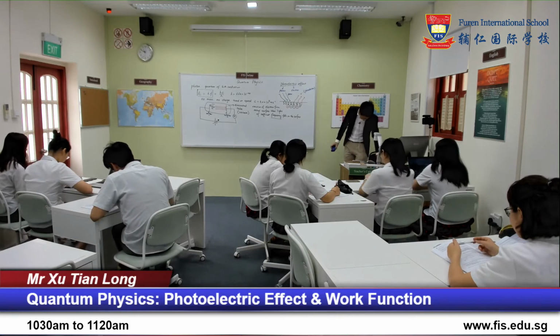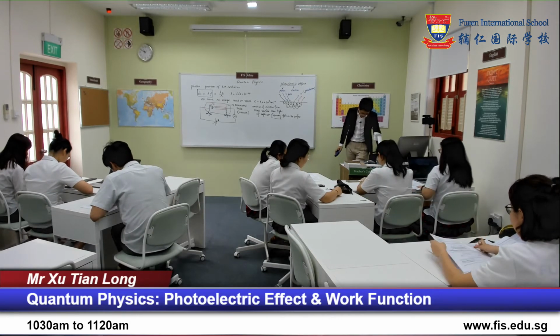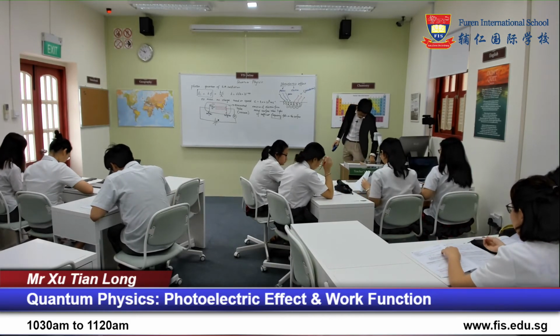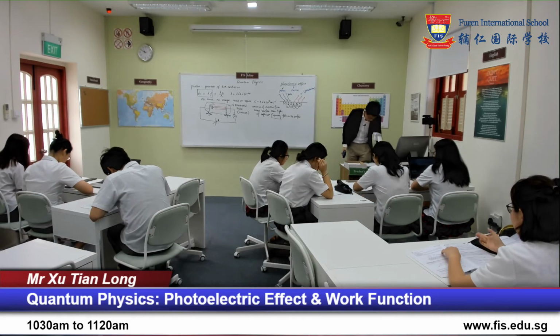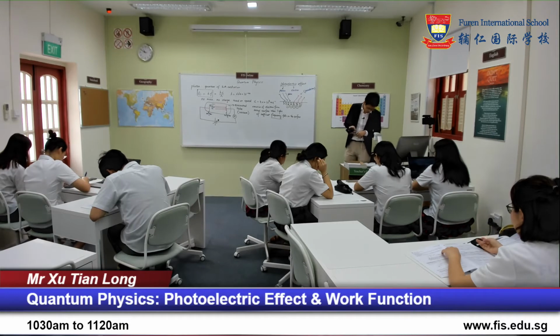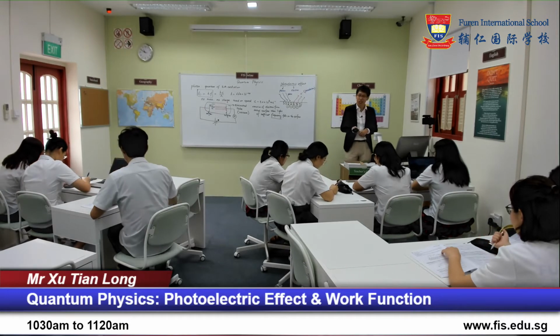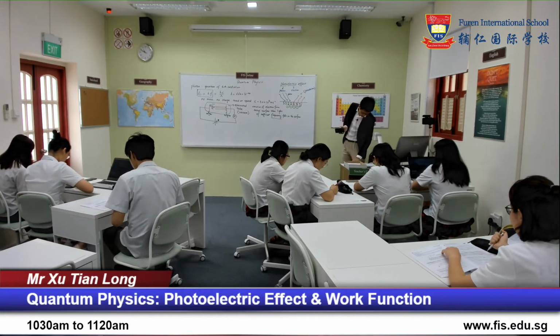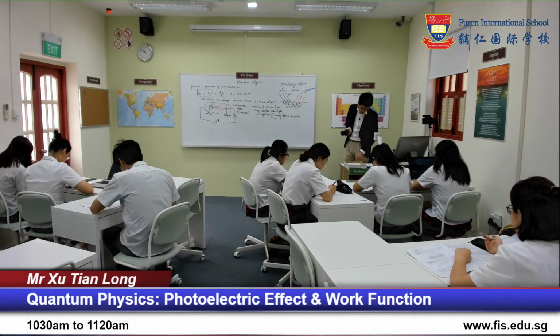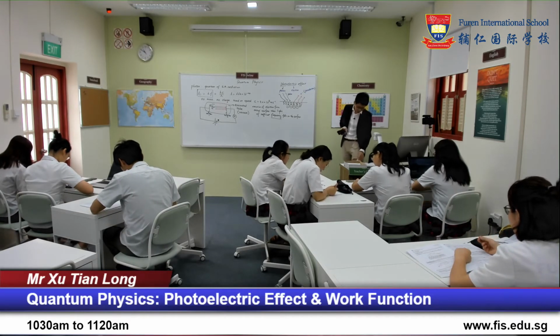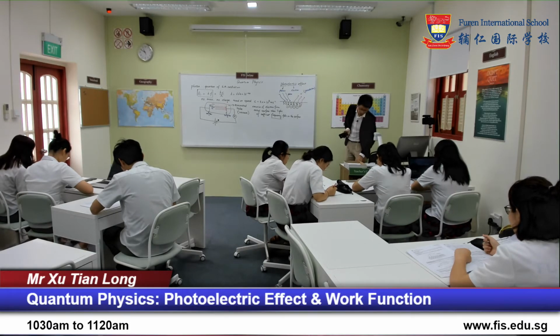So let's look at page 7. In the middle there are some blanks for you to fill up. So, explanation of photoelectric effect. First one, light consists of photons, and the higher the frequency, the higher the energy.